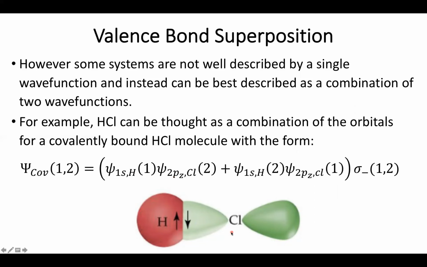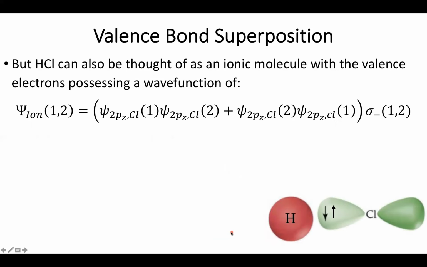So I need to add in a second type of wave function. I can also think of HCl as being an ionic molecule, where I have two electrons on the chlorine and no electrons on the hydrogen. So this orbital is empty, this orbital is doubly occupied. Congratulations, they're essentially dissociated. I have an ionic compound.